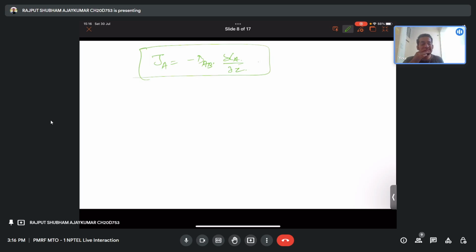Now in this equation, this is the basic starting equation of mass transfer actually. From this itself, we can derive many equations related to steady state diffusion and equimolar counter diffusion that we are going to see in the later weeks.